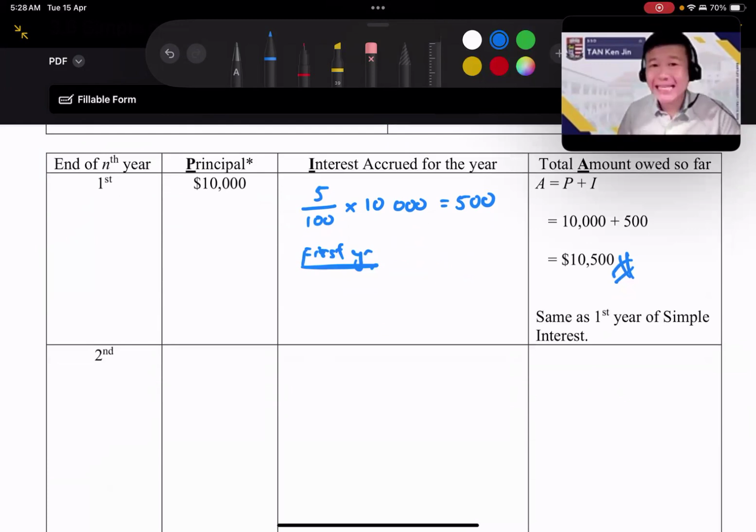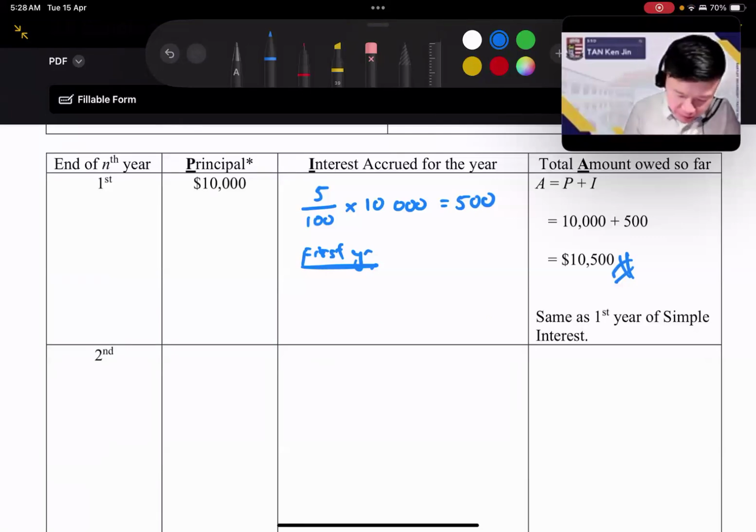But in the second year, or rather at the end of the second year, the interest used is the interest that was compounded at the start of the year. So instead of using $10,000, we're now using $10,500, right? So it means they've started the year new and they've used whatever is owed as the new principal.